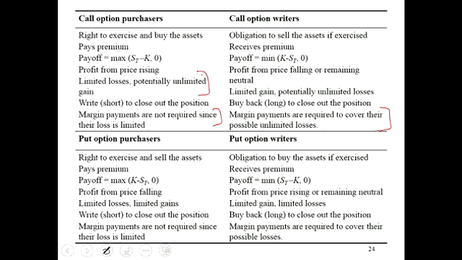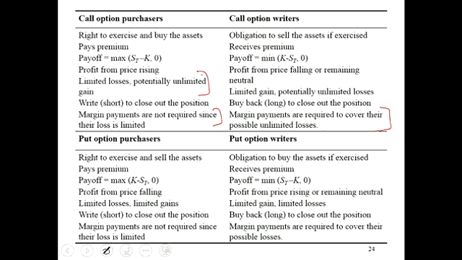When you think about what the losses might be for a call option, this is what it looks like for call option writers. There's your premium, there's your strike price, and there's your losses. So for a call option, they essentially have unbounded loss potential.